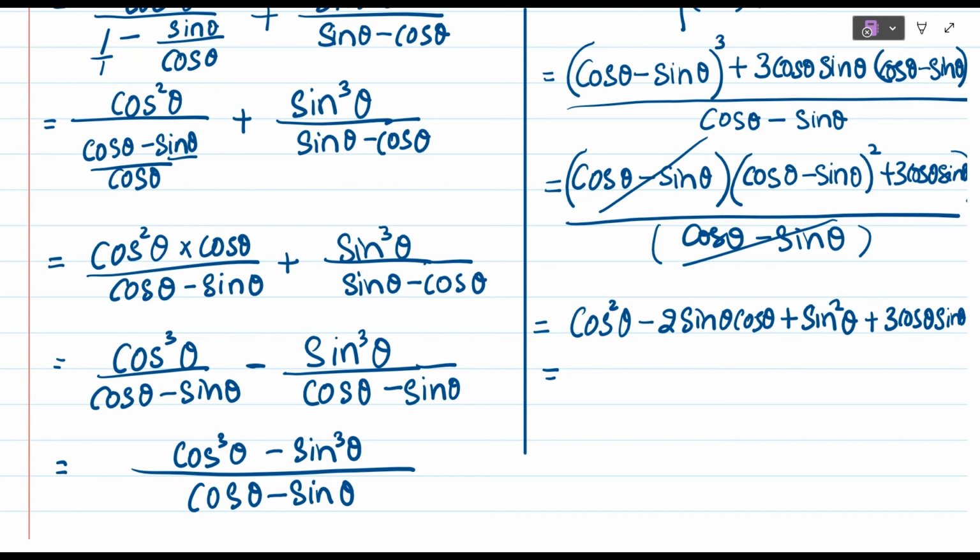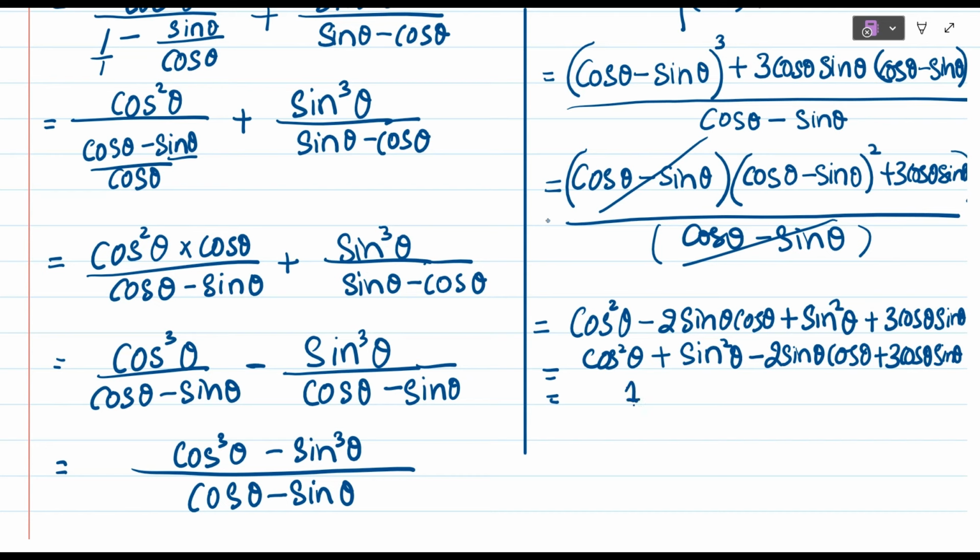Now what I am going to do is rearrange the terms. So cos square theta plus sin square theta minus 2 sin theta cos theta plus 3 cos theta sin theta. Understood? The last two terms are like terms. And we know the identity: sin square theta plus cos square theta is equal to 1.